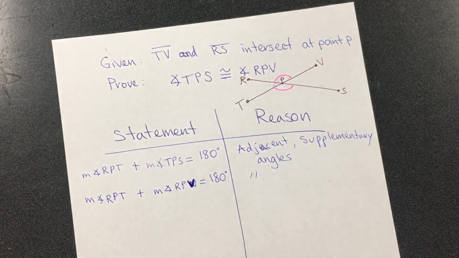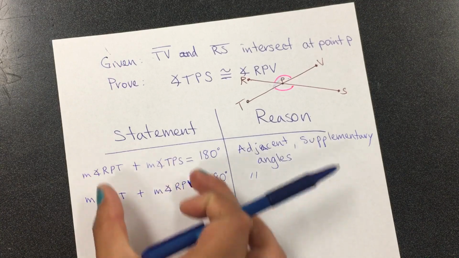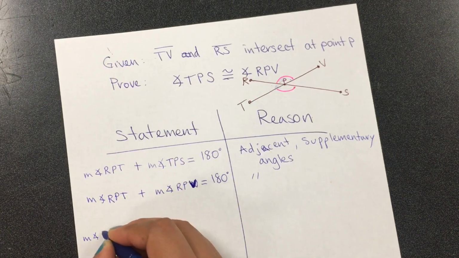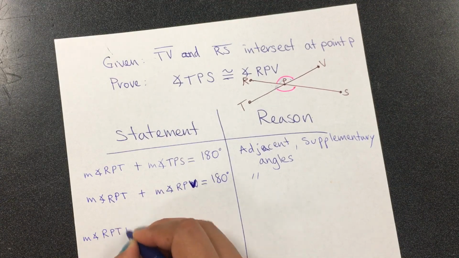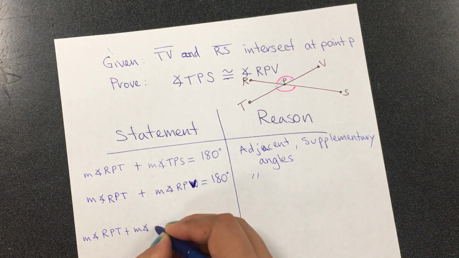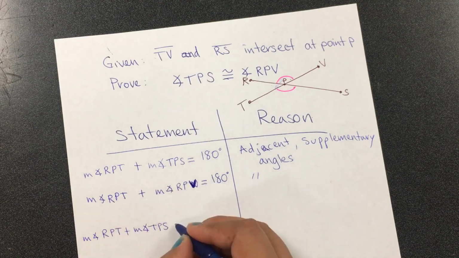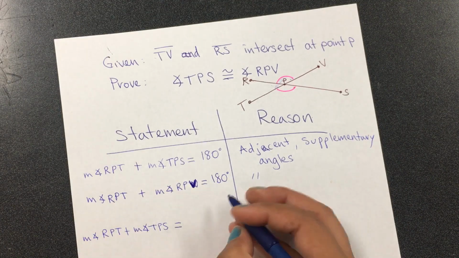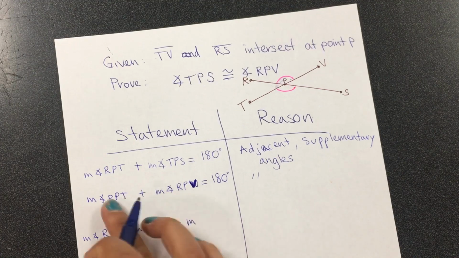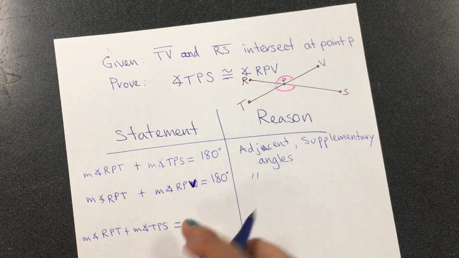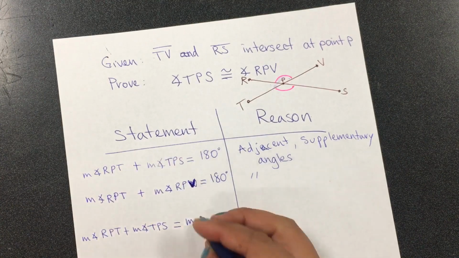Then, because both of these groups are 180 degrees, we can say that measurement of angle RPT plus measurement of angle TPS is congruent or equal to measurement. Now I'm going to put these two because this is 180, this is 180. We can say that they're equal to each other.